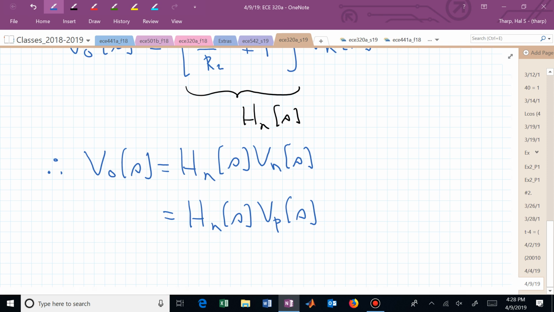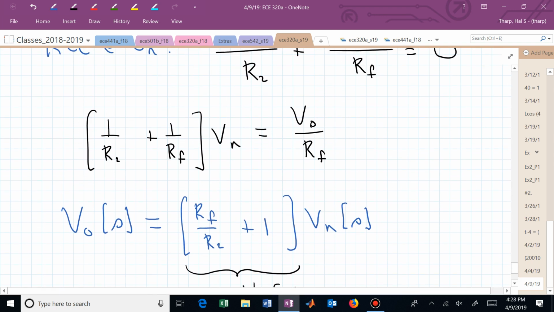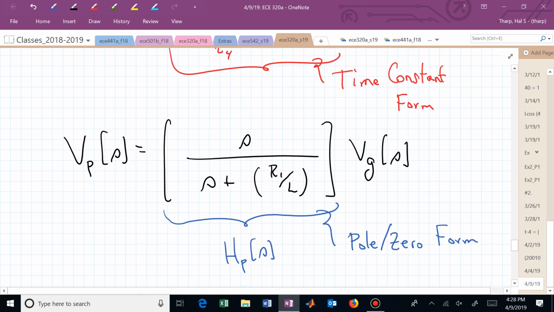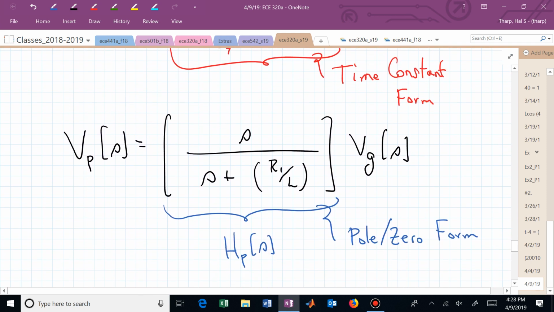But I had a way of relating v sub p and v sub g in the original subcircuit, didn't I? Don't I have v sub p is h sub p v sub g? Let me replace v sub p then with h sub p v sub g.